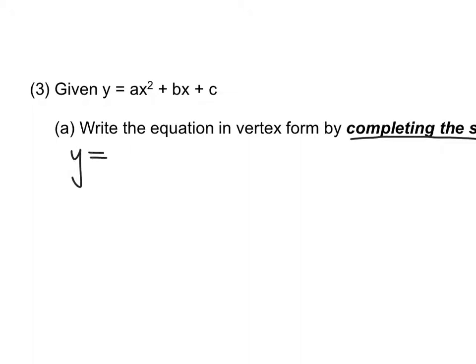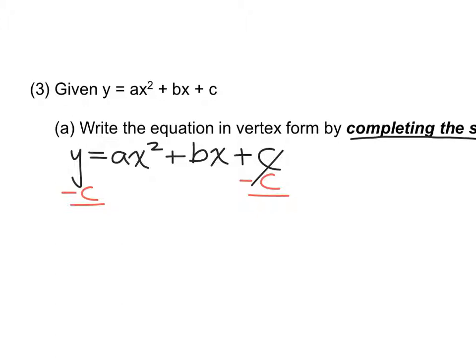First step, subtract c. There are two possible first steps: you can subtract the c or you can divide by the a. It does not matter as long as you do it right. So y minus c would be equal to ax squared plus bx.